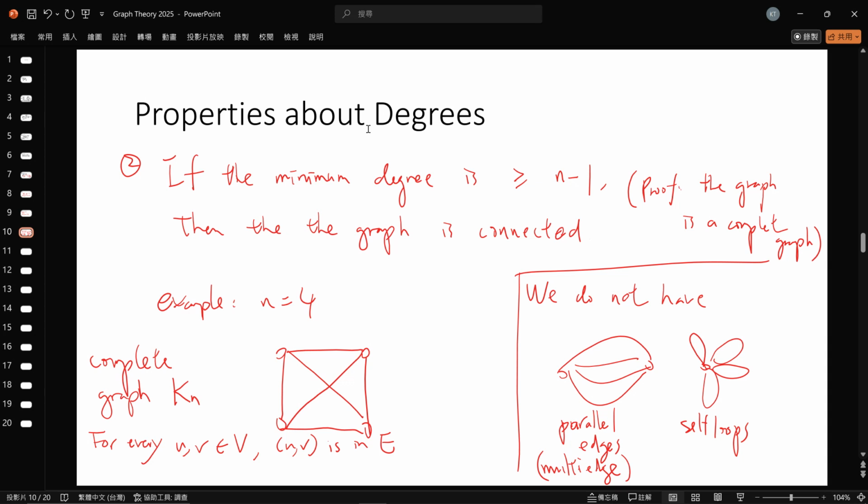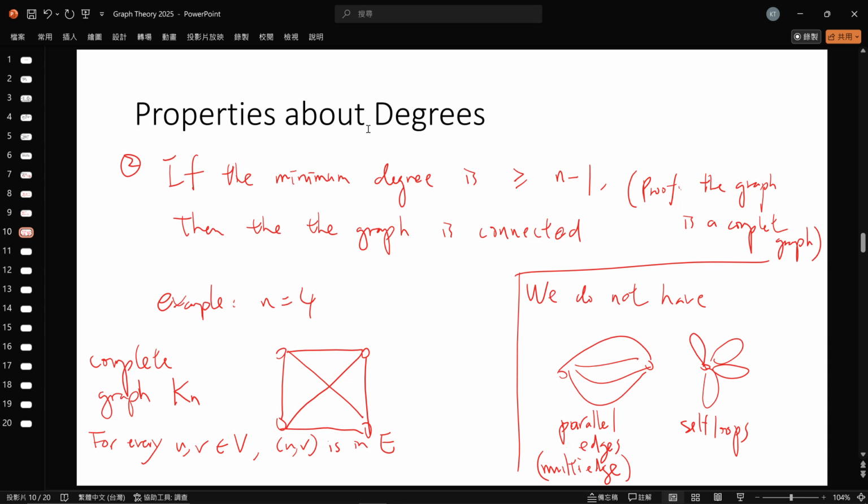Say you have 4 vertices in a graph, then the maximum degree will be 3, because you cannot be adjacent to yourself, since we earlier mentioned that we do not have self loops. So really the maximum possible degree you can have is n minus 1.